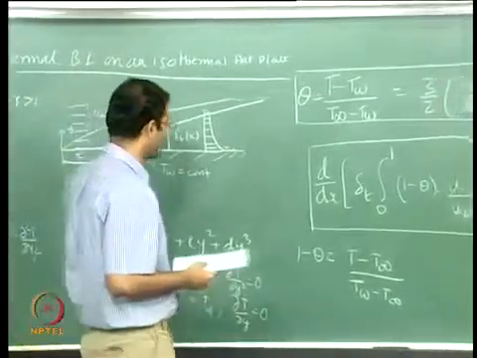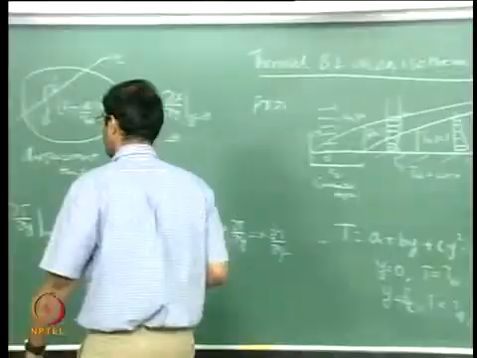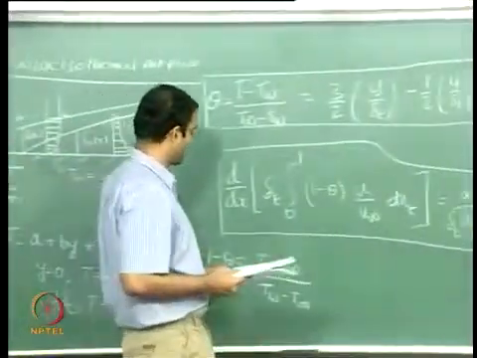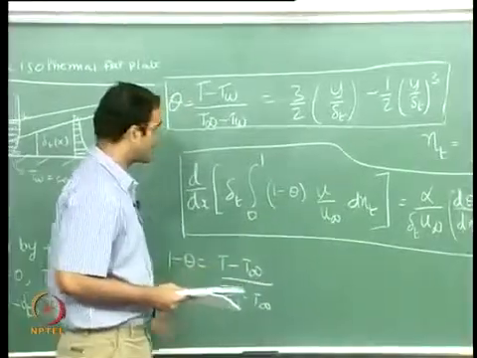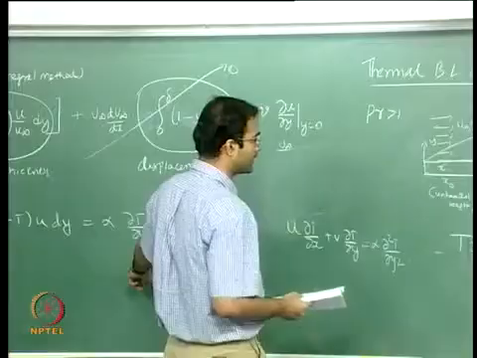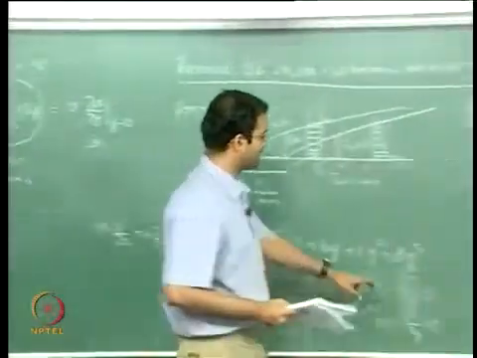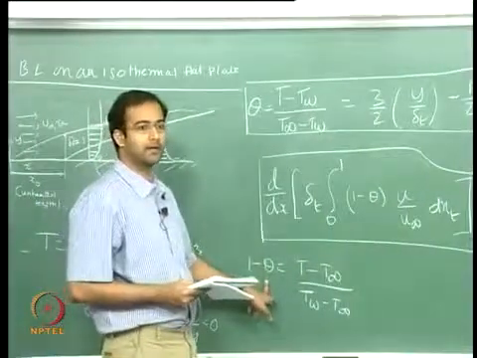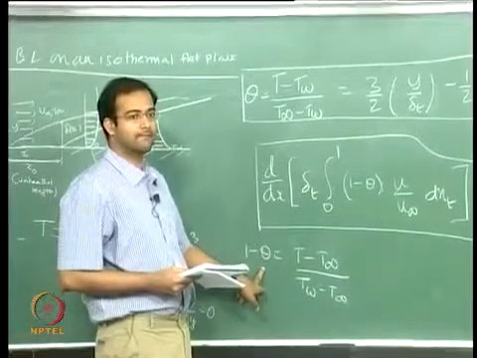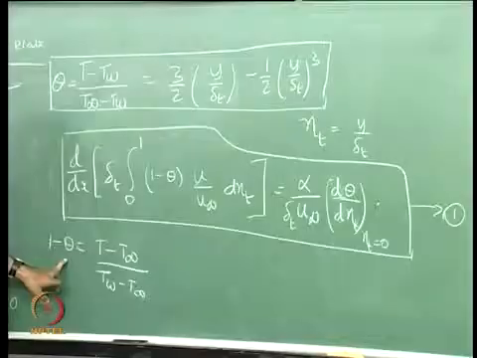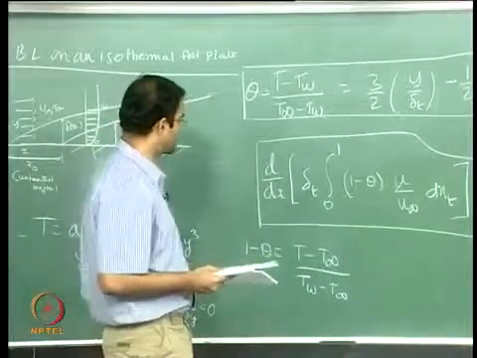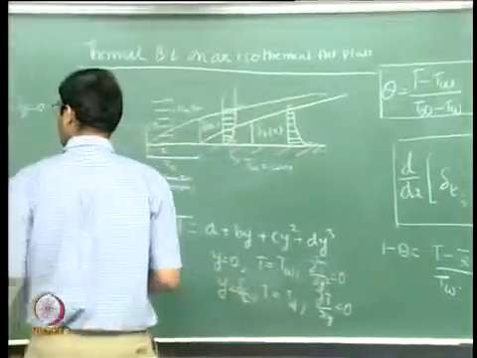So I can just substitute for T infinity minus T. Okay, so that is 1 minus of 1 minus theta, and on this side dT by dy should be minus d theta by dy. Okay, so minus minus cancels on both sides. The T wall is a constant. Okay, so is that right?